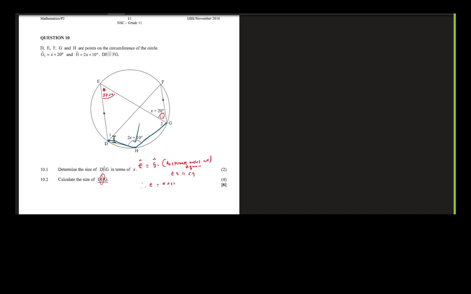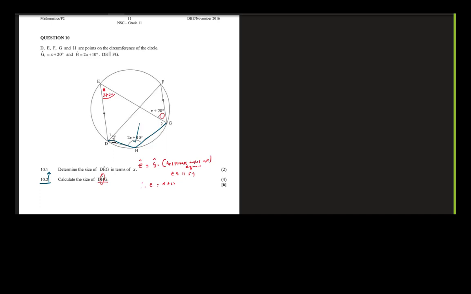Normally when you are solving 10.2, the answer that you find in 10.1 might be helpful. Remember this logic in asking questions in mathematics: normally they ask you something at 10.1, and when you are at 10.2, they expect you to use what you got at 10.1 to assist you.